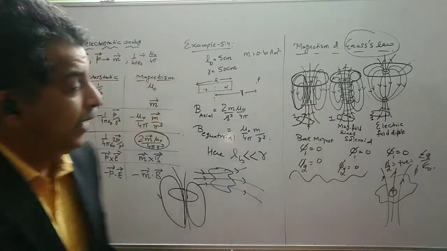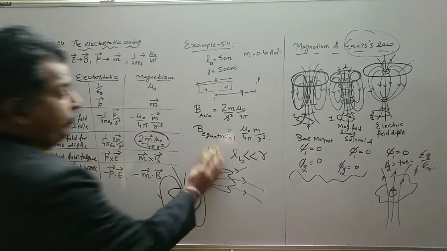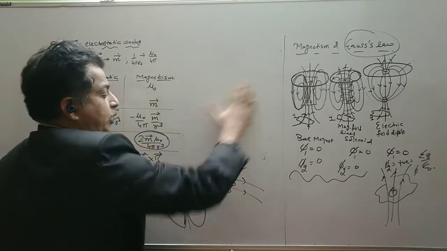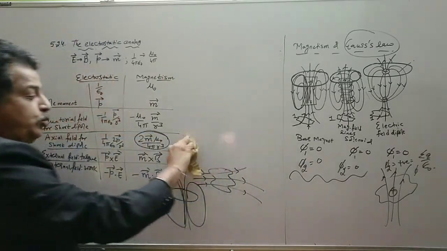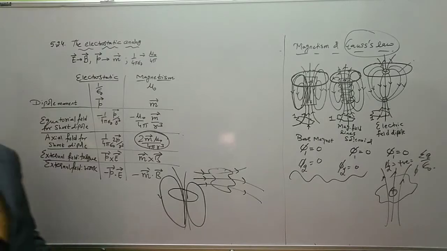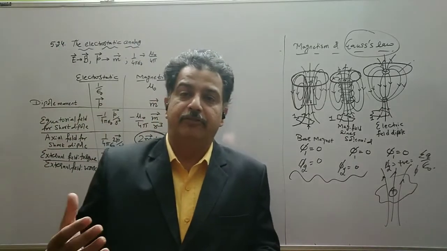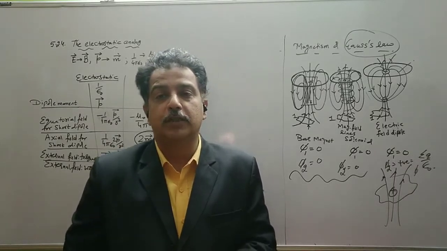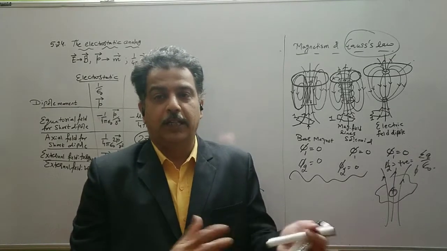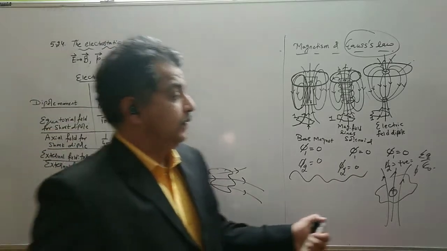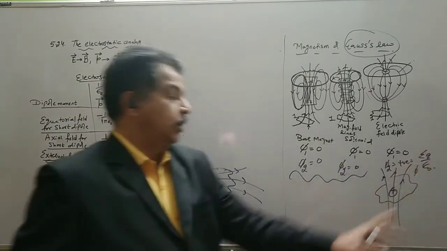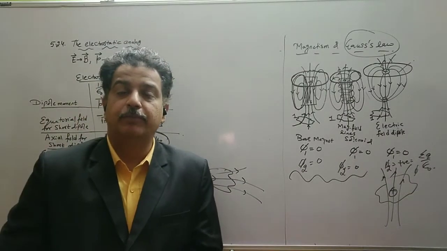Electric monopoles exist, and so we have a flux to be positive or negative. If the closed surface enclosed a positive charge, then the electric flux was positive. And if it enclosed a negative charge, the electric flux was negative. So we have electric flux equal to the ratio of the charge enclosed to the permittivity of the medium.